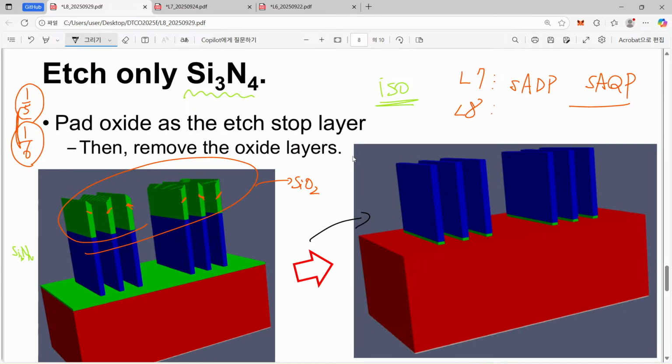And another one is, although I'm trying to show some important procedures, almost every time we do something, it is related with cleaning. If we etch something, then in our process emulation, we just say that etch seems to be perfect and nothing is left.